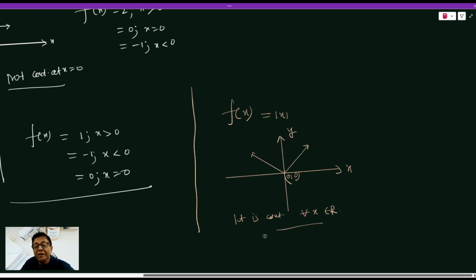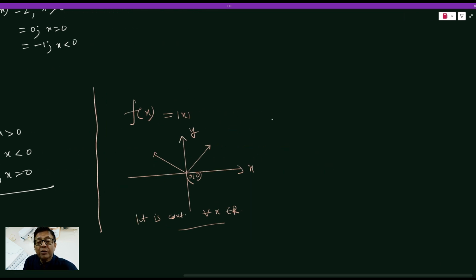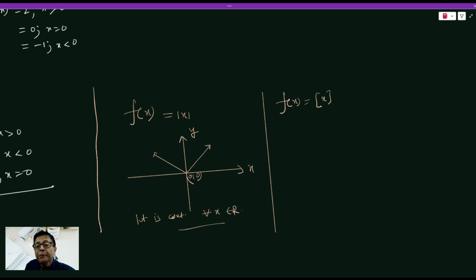Let us go by this one, f(x) equal to modulo x. If you plot the graph of this function, as you are familiar with this function also, so I am going to plot this. The graph of the function at integral points is not continuous. This you can see.